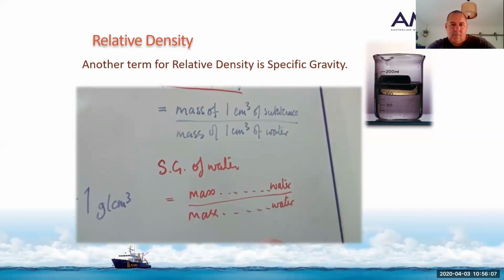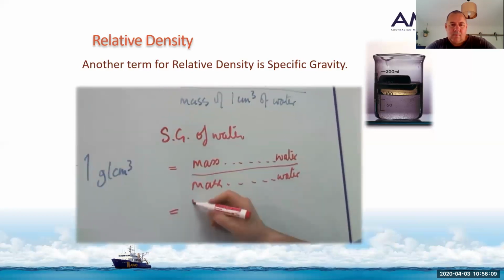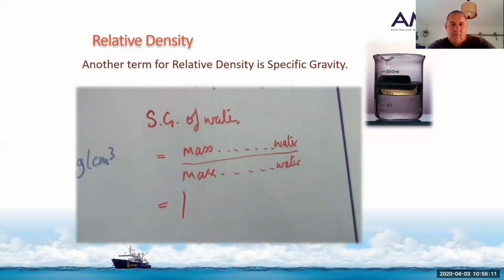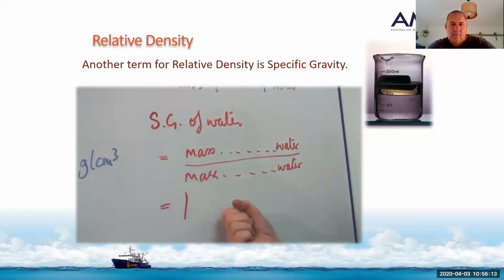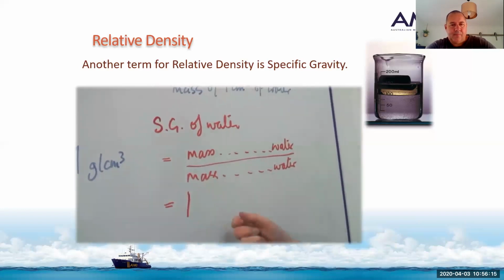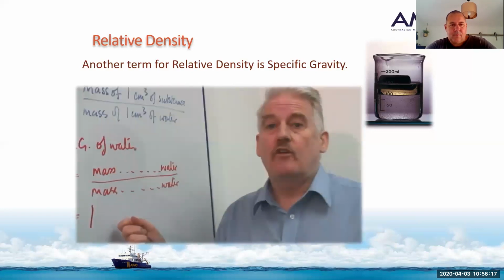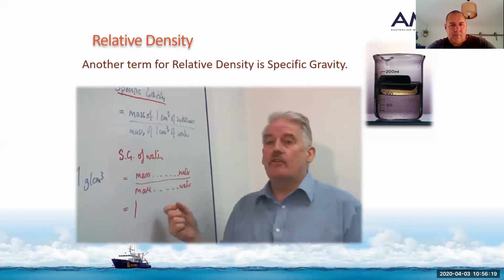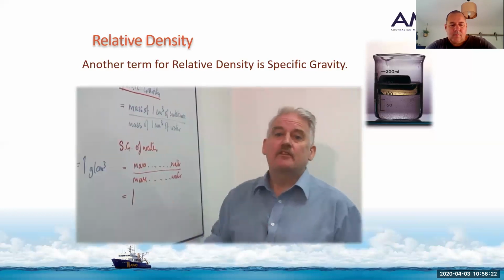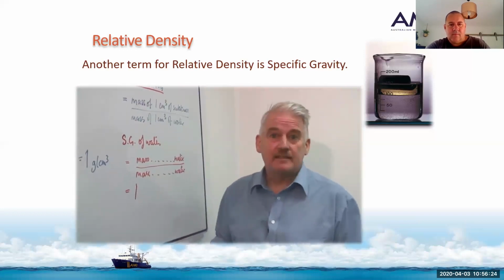And when something is divided by itself, the answer is 1. Of course, water is the standard. Water has a specific gravity of 1. So that is what the specific gravity of water is.